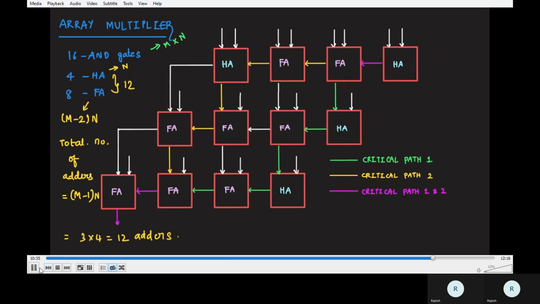So here the number of gates utilized will be analyzed. Green color is the critical path 1. Another critical path is yellow color, and where the two critical paths are colliding, that is written with the pink color. We are using 16 AND gates. If you have seen the first diagram, we are using 16 AND gates.